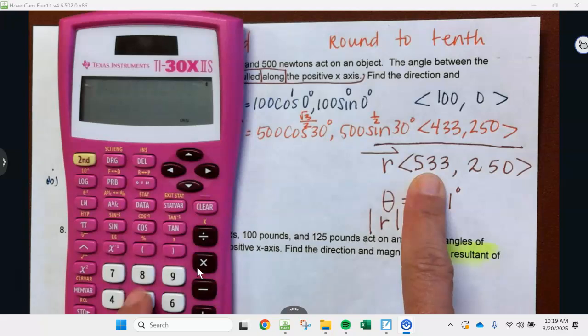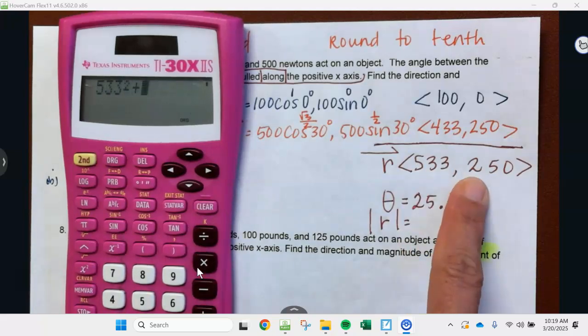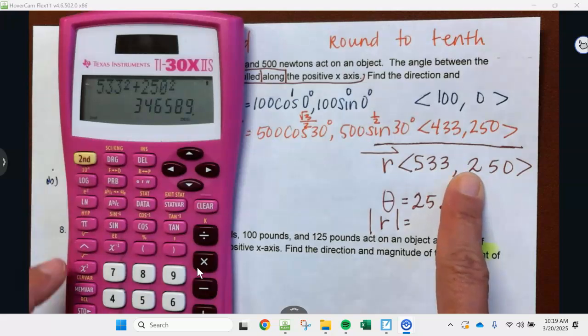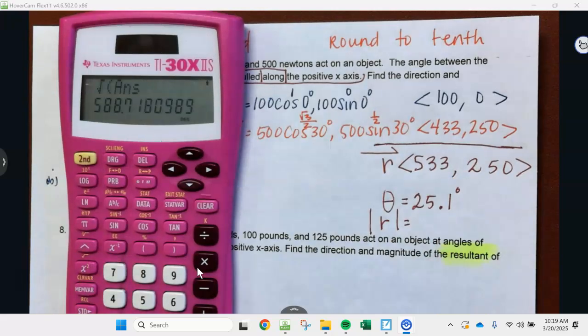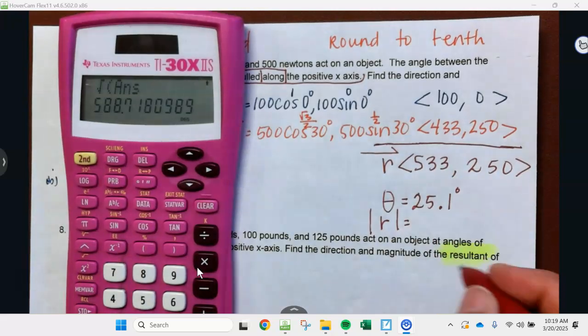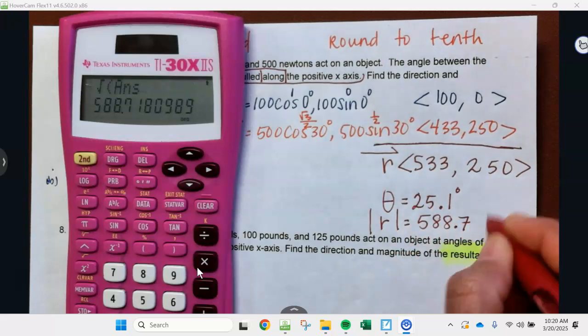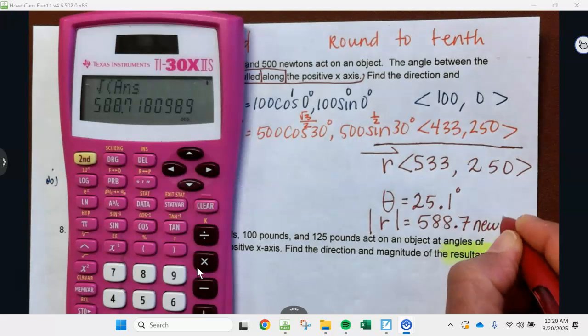So I'm just writing 533 squared using that little 2 plus 250 squared. Then I'm going to hit enter. Then I'm going to hit second square root, second answer. You should have got 588.7. And it's a word problem, so let's write Newtons. It's over here.